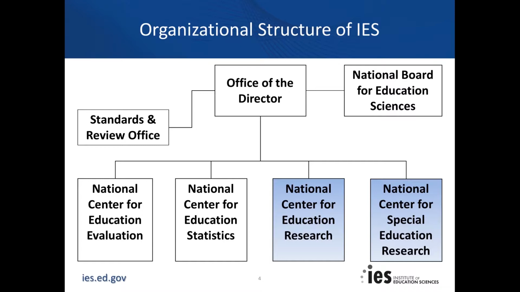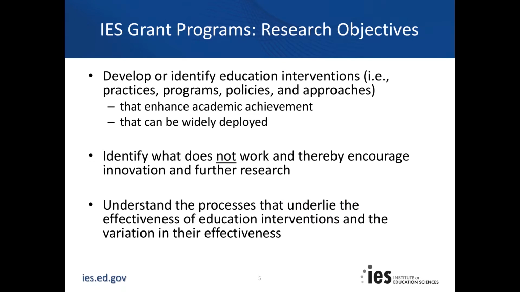In our National Center for Education Research and National Center for Special Education Research, we do research grants, and Alan and I are program officers. We are available to provide advice on application process and substantive research. The objective of the research grants is to answer 4 questions.